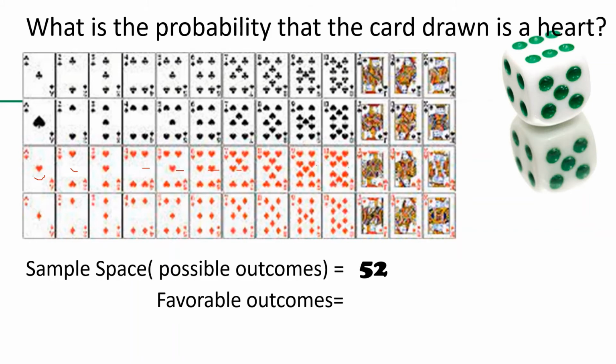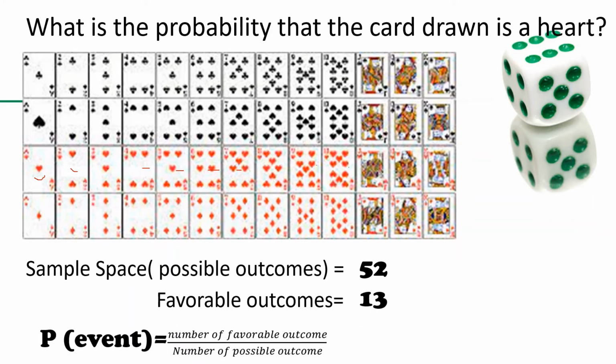So there are 13 favorable outcomes. So using the formula P of event is equal to the number of favorable outcomes over the number of possible outcomes, we will have the probability of getting a heart is equal to 13 over 52, or in reduced form, that is equivalent to 1/4.